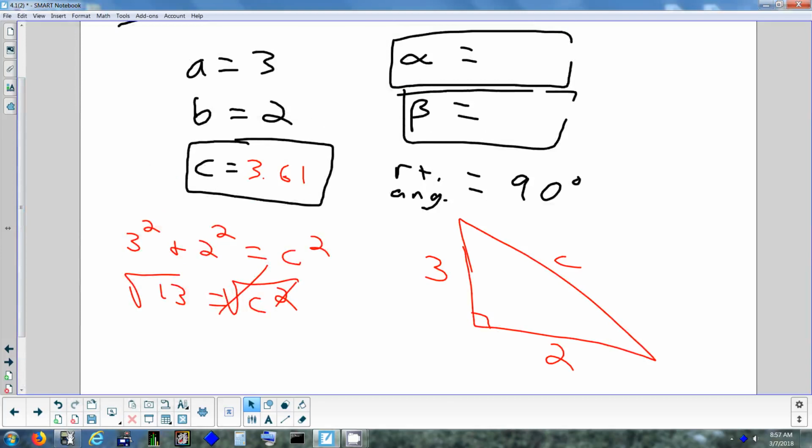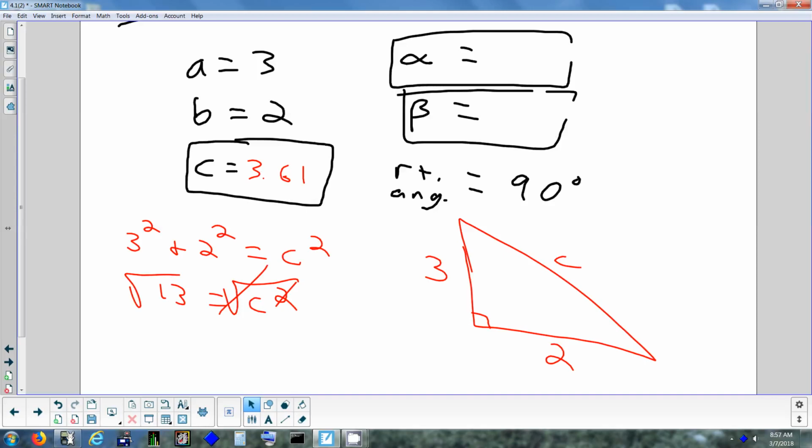What is the name of the angle across from the 3? Oh, Ben? What angle always goes across from A? Beta goes with B. So think of it, they start with the same letter. Beta, B. Do you remember the name of the other Greek letter?